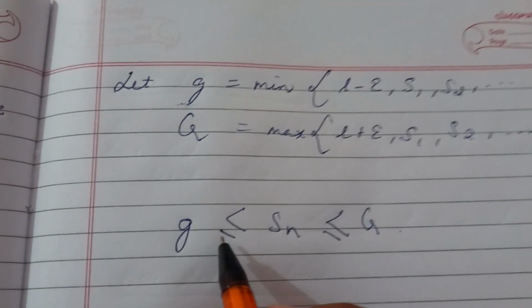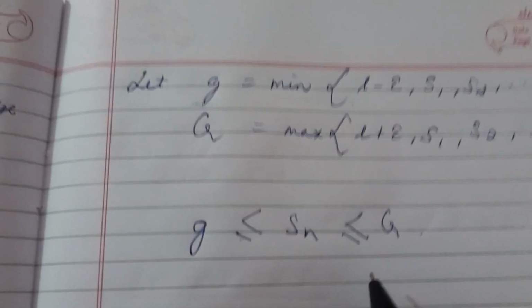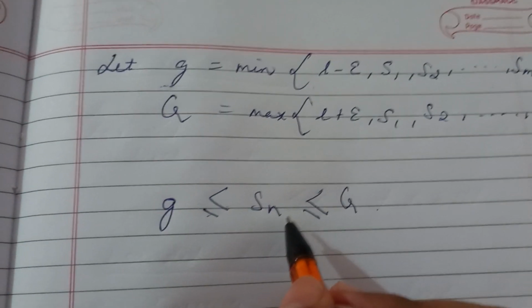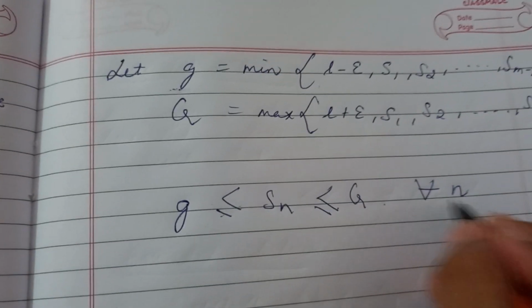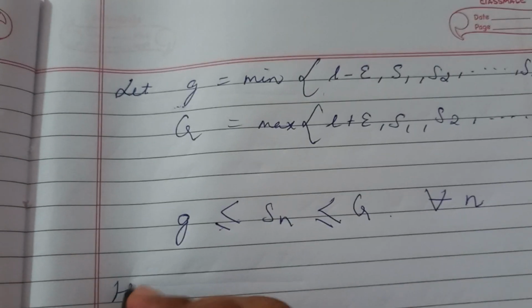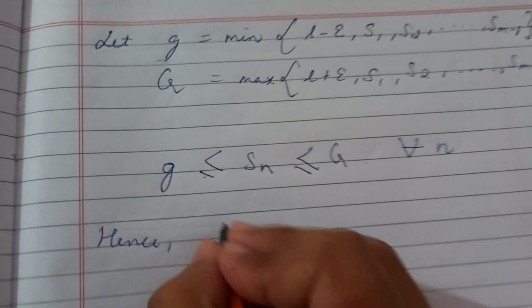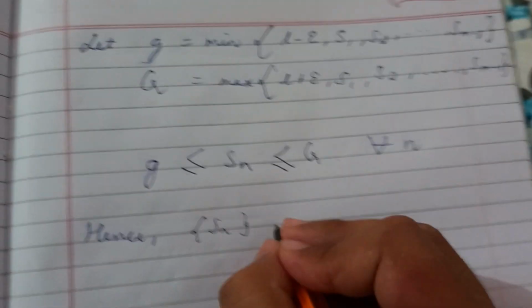Why have we given less than or equal to? Since it can also be equal to this value Sn. Hence Sn is bounded.